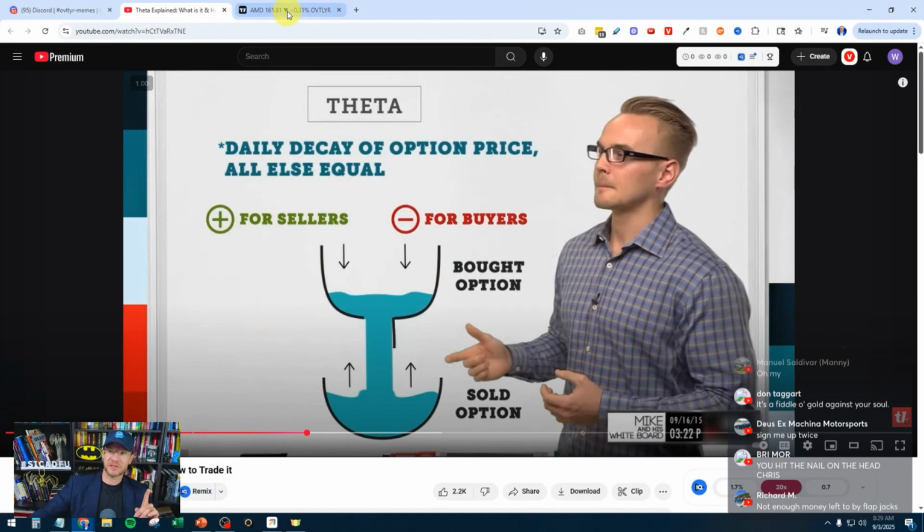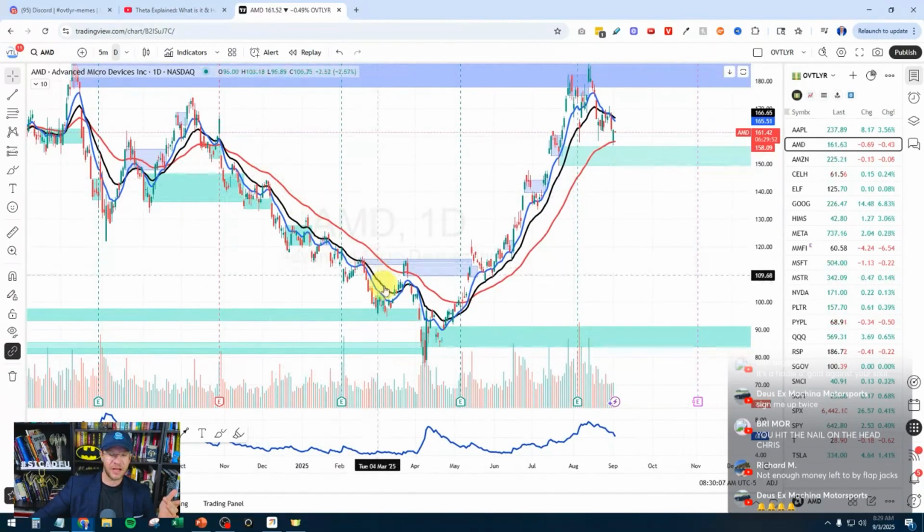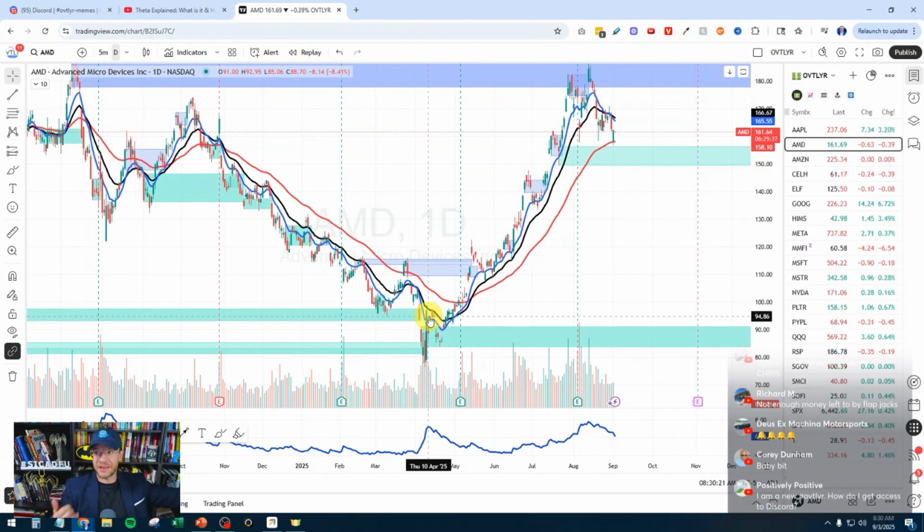But the other 16% of the time I lost my ass. As it goes down and down and down, I can't do anything about it. I can't close the trade because what if it comes back? Why would I close it now when it has 33 days of theta decay coming towards me? Why would I do that? That's so dumb.